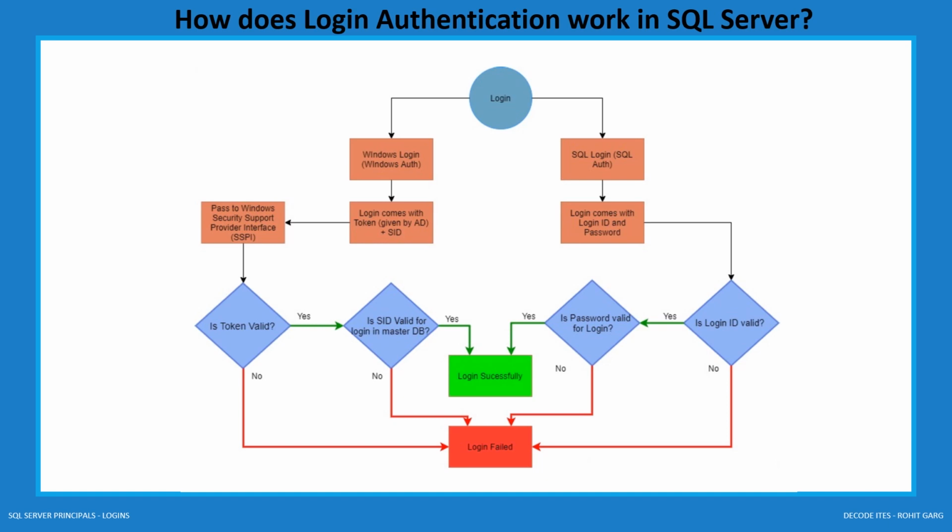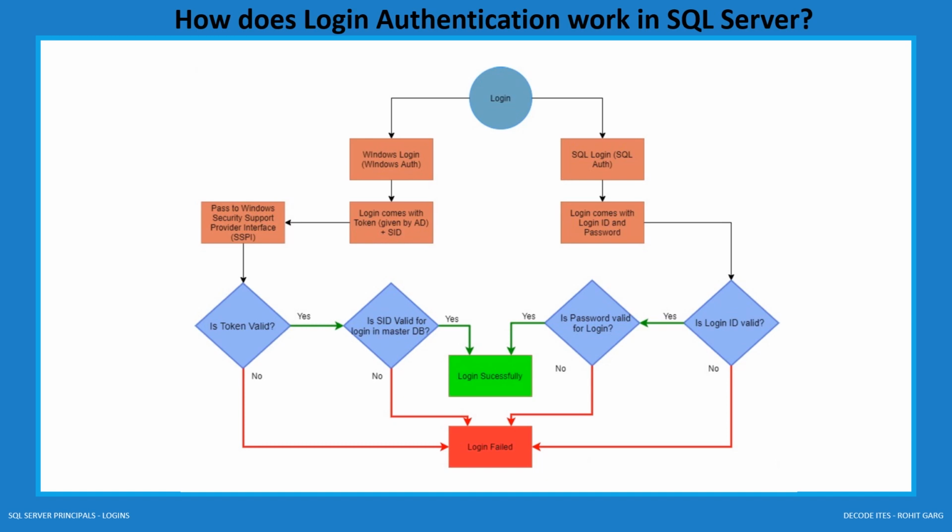Let's move to the second type of login, Windows login. Windows login uses Windows authentication. Windows authentication is more secure than database authentication or SQL authentication because it works on encryption and certificate-based security procedures. Windows login passes a token in place of user ID and password to SQL Server.